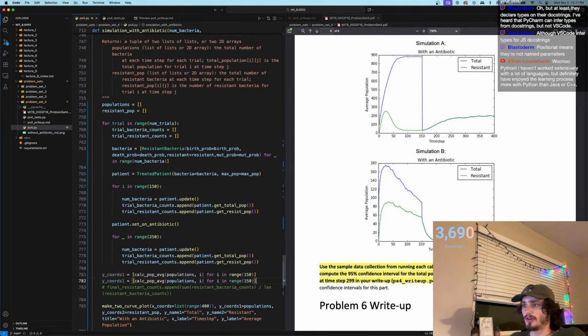Then we're going to come here and do y coords 2 is populations, resistant populations, i for every i in range 250.